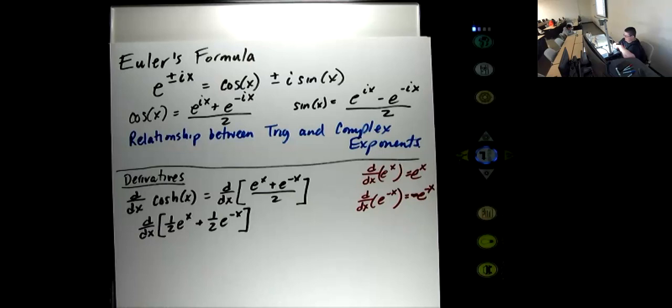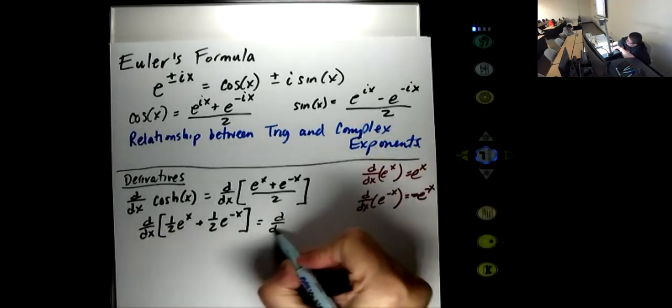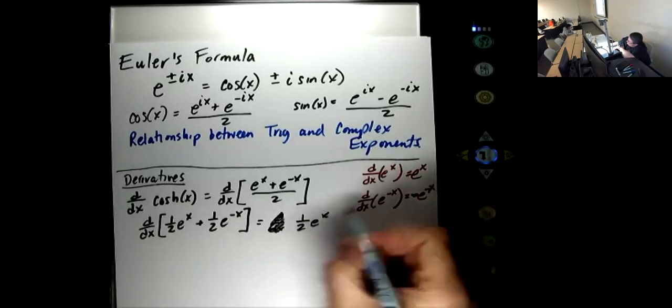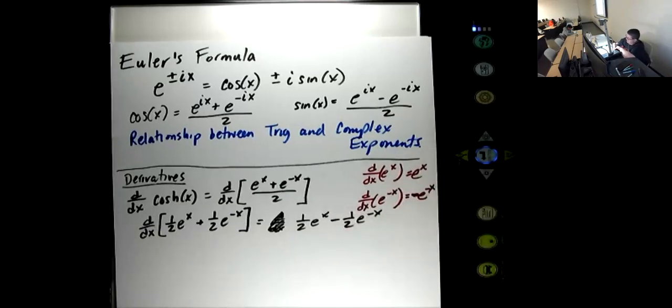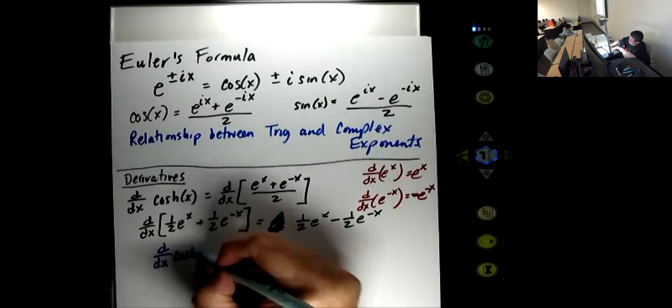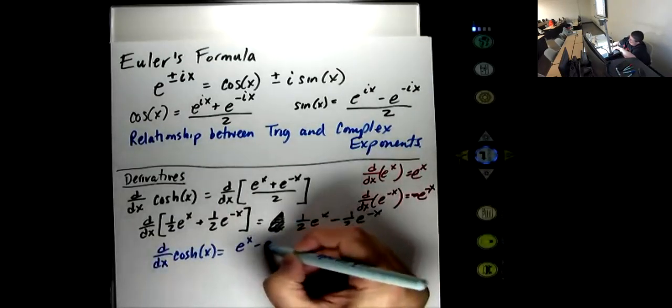So this turns into 1/2 e to the x minus 1/2 e to the negative x. If I put that all back together, I have (e to the x minus e to the negative x) over 2.